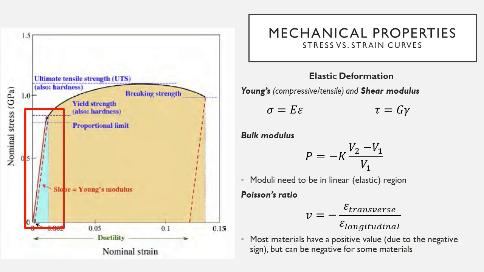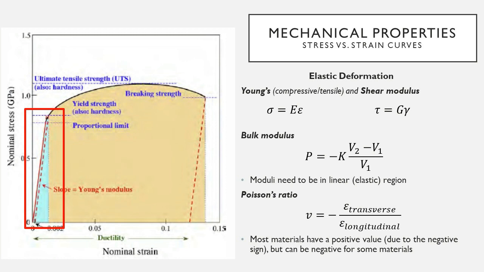Now, in this particular graph, we can see that the elastic deformation stage is in the initial part, which I've outlined in the red box, and it's shaded, I think, in a teal or a blue color. That's where the amount of stress is linearly proportional to the amount of strain applied. And whenever you get past that into the plastic or inelastic deformation, those are synonyms, the stress is no longer proportional to the strain.